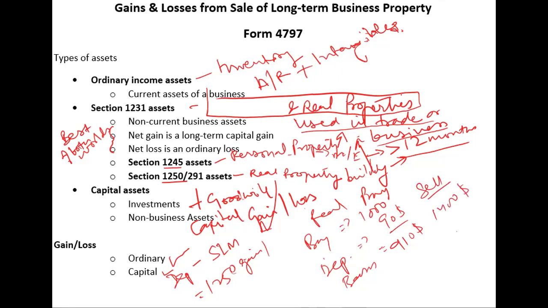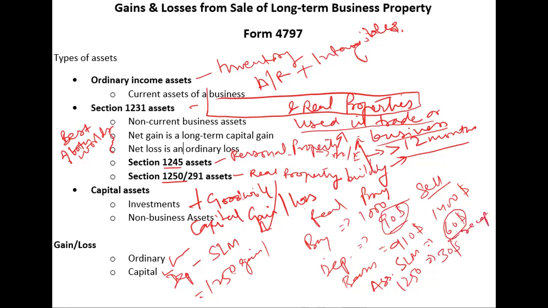Now, assume the straight line method depreciation is $60. Under this, the 1250 gain will be the excess of depreciation over SLM. Depreciation is $90 and SLM is $60, so the 1250 gain will be 90 minus 60, $30, which is considered ordinary gain. This is the recaptured gain.